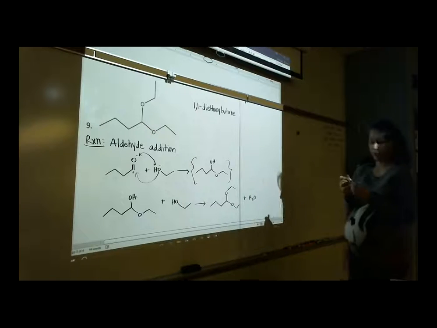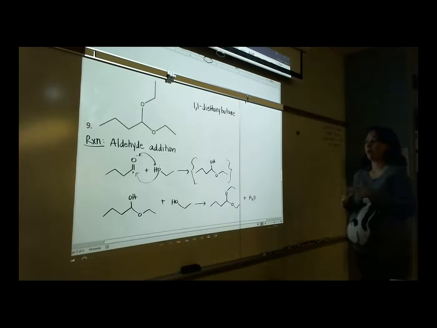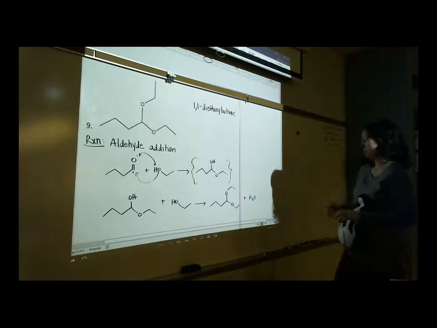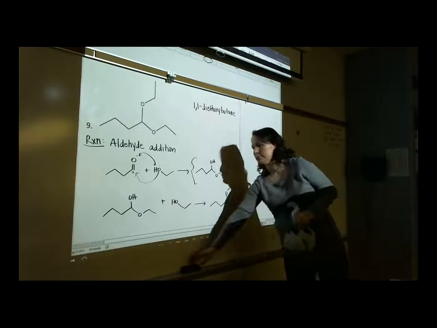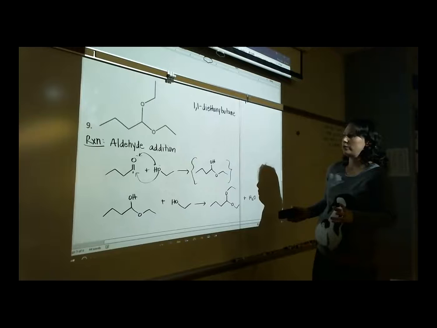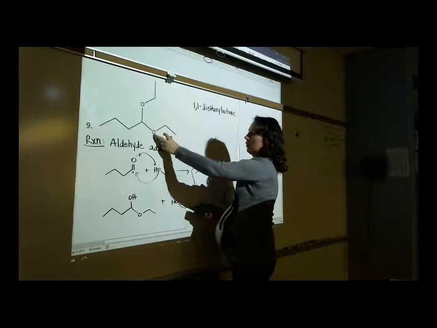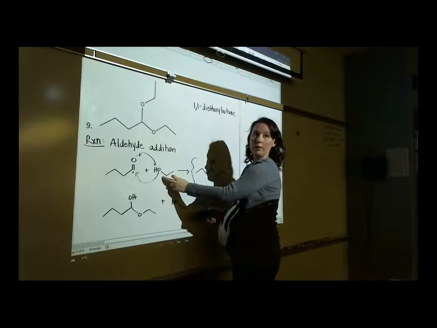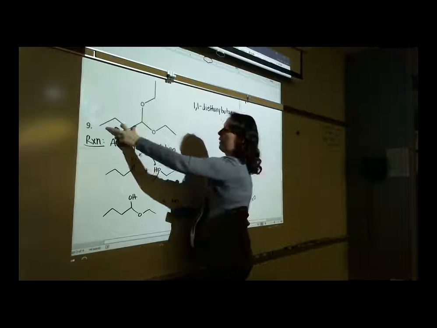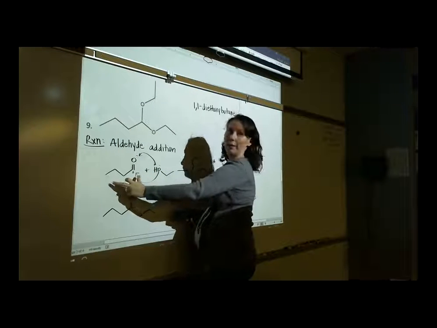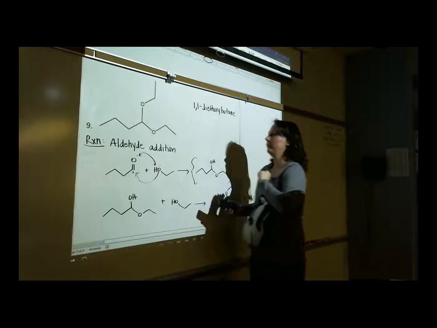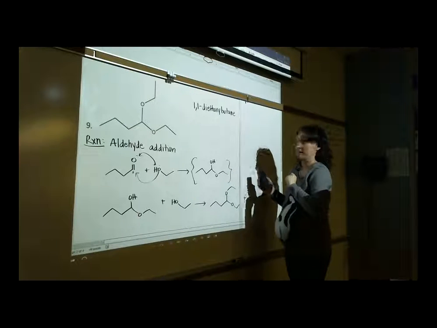Do we remember that now? That's the aldehyde addition. Aldehyde plus an alcohol. So the way you do this is you look at the ether, and that's what your alcohol is going to be. And then you look at the parent chain and turn that into an aldehyde, and that's what your aldehyde will be. Make sense?